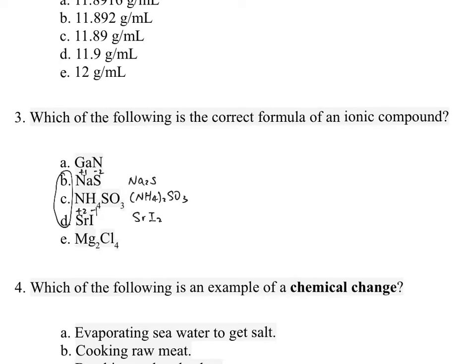The majority of the wrong answers came on this particular formula. If you put the charge in, this actually works because magnesium is in group 2 and chlorine is in group 7A, and +2, -2. 2 of those would be +4, 4 of those would be -4, so the charge does cancel.